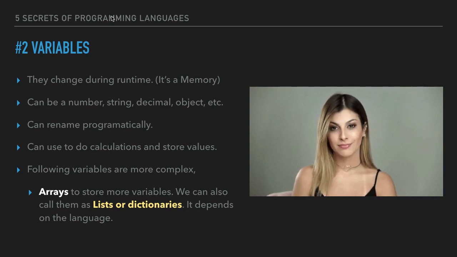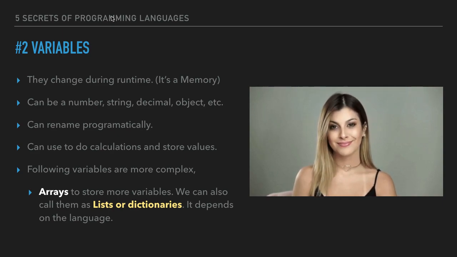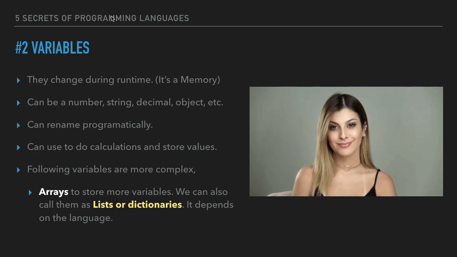Now we move to arrays. We use arrays to store more variables. For example, just imagine we have a girl. Now she's smiling, right? So she has a name and she has her own hair colors, skin colors, lips colors, height, weight, whatever, everything.